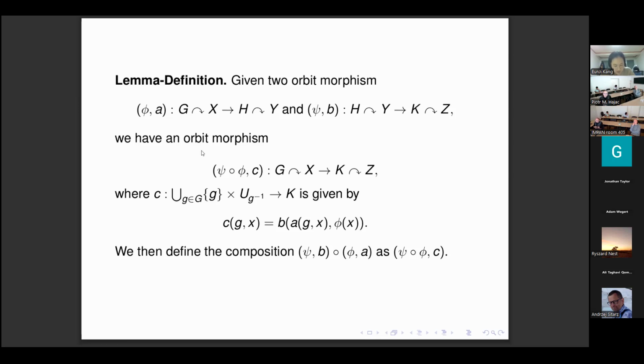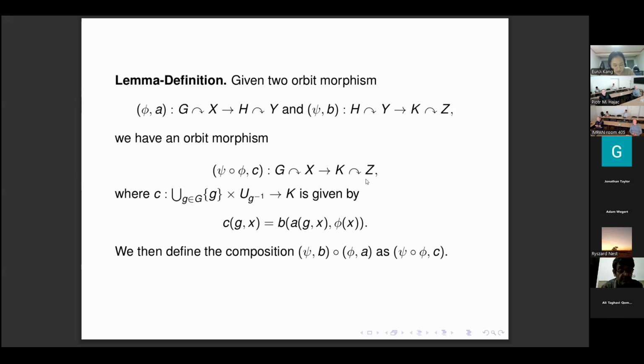The idea is that we apply the second morphism to psi after the first one, and this creates a new map that goes from G acting on X to K acting on Z.